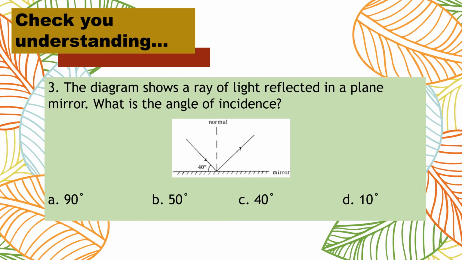If there is 90 degrees between the normal line and the plane mirror, and it has 40 degrees already, you have to subtract 40 degrees from 90 degrees. So the answer is letter D. Okay? Is it simple? Very simple.